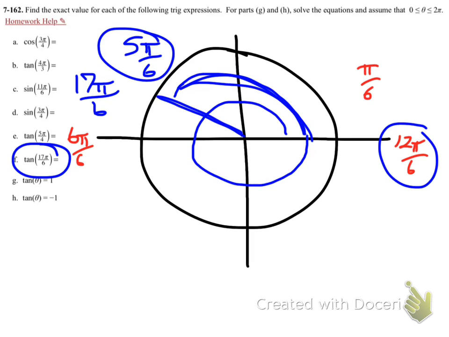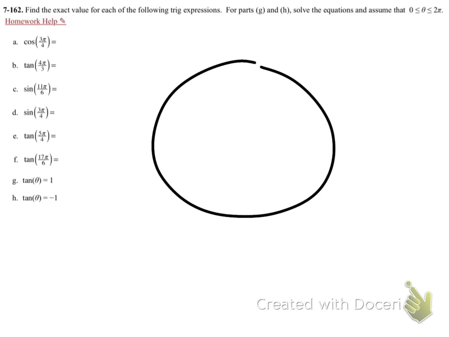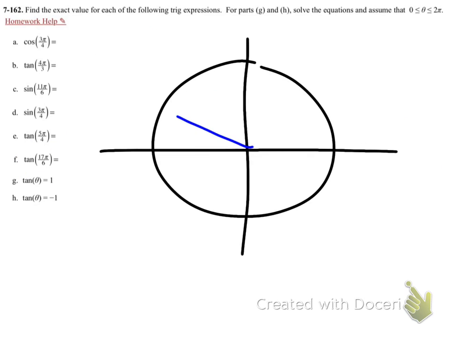So what I need to do now is take a look at that reference angle. So I'm going to clean this up here a little bit. Looking right now, again, pi over 6 was my reference angle, 17 pi over 6, which means this is now a 30, 60, 90.